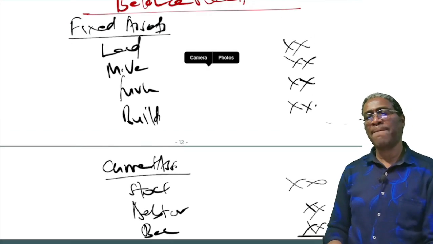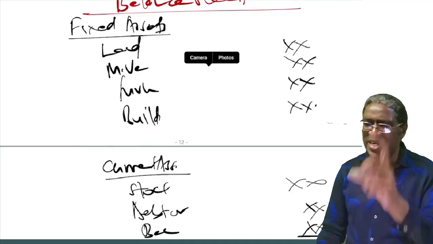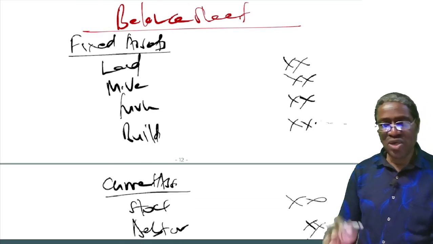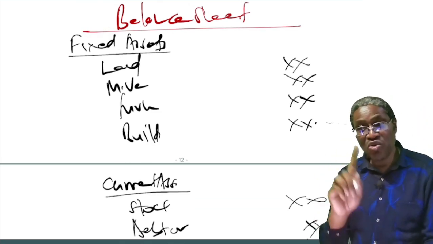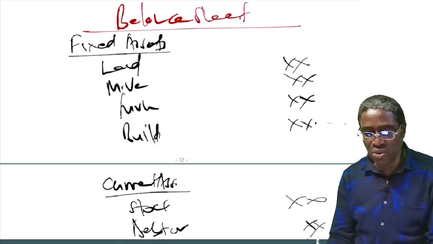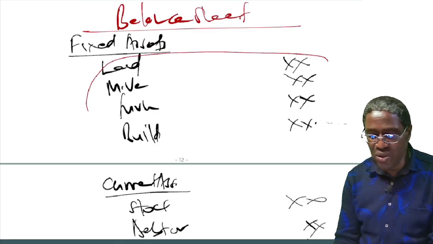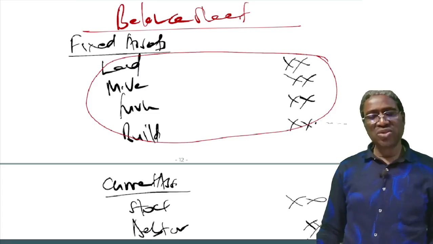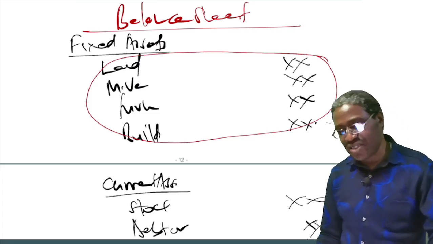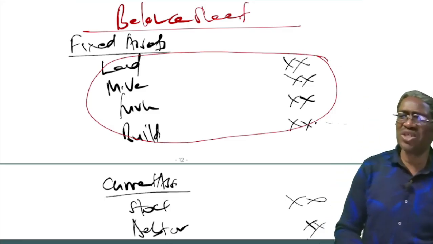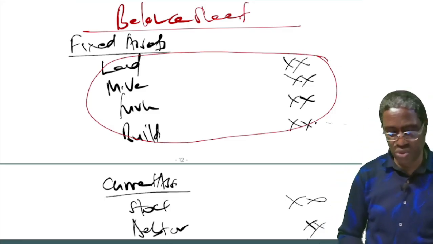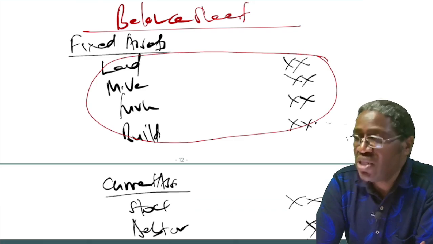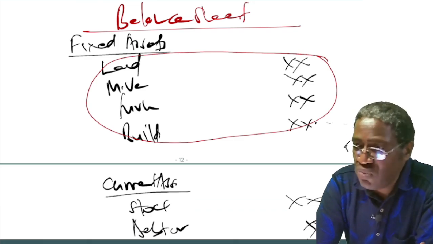Now listen. When you are preparing a balance sheet for publication purposes, listen, you are not required to come and show these individual assets, which we are calling the fixed assets. You are not required to show the individual assets in the name of land, machinery, motor vehicle, furniture, building, and so on. No. In other words, don't come and tell the readers of your financial statement the value of the land was this, furniture was this, motor vehicle was this, and so on.